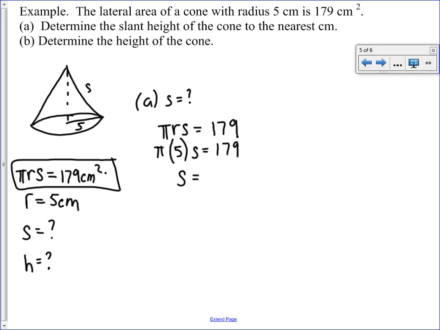We know that s is going to be equal to 179 divided by 5 pi. We divide by 5 pi. We get that s is equal to, remember to put these in brackets when you're putting it in the calculator, we get that the slant height is equal to 11.4.